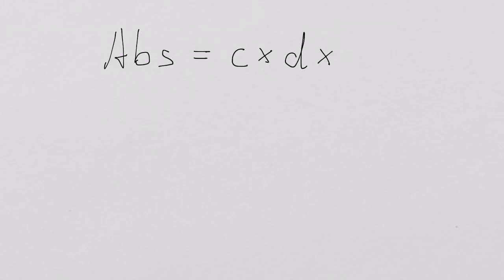So absorbance equals the concentration of the substance times the path length times this proportionality factor, and this is called epsilon. This is usually called the extinction coefficient.